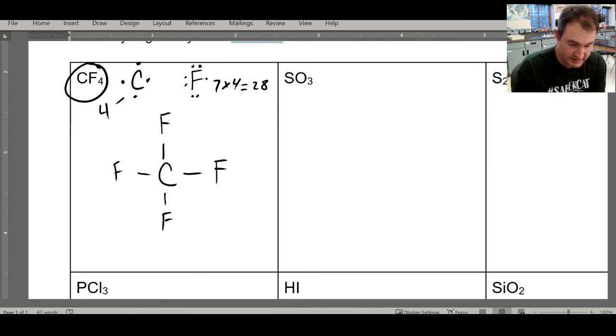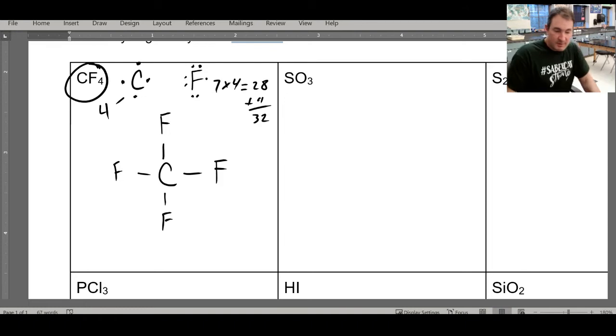And plus the 4 there, total number of valence electrons is 32. Remember back to my rules, we have to have the correct number of valence electrons. We can't add any or take any away. So the correct number for this molecule is 32 based on the number that carbon has and the number that fluorine has.